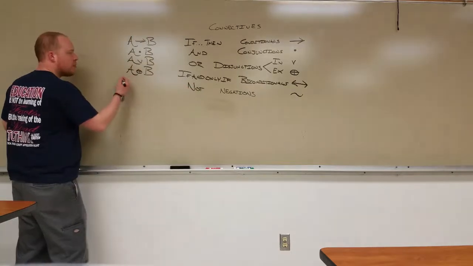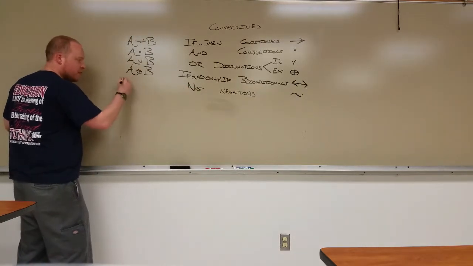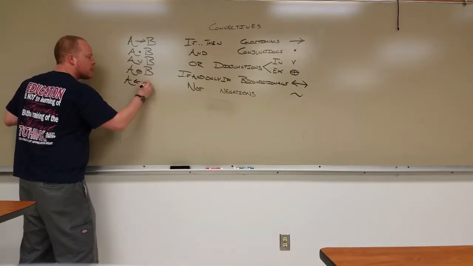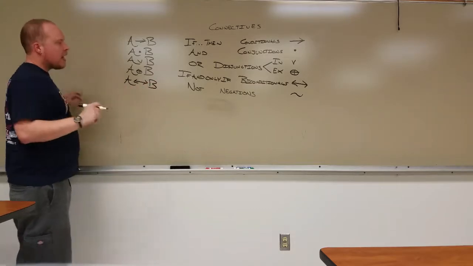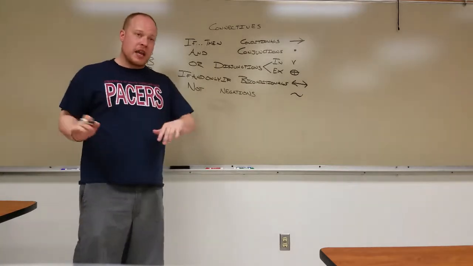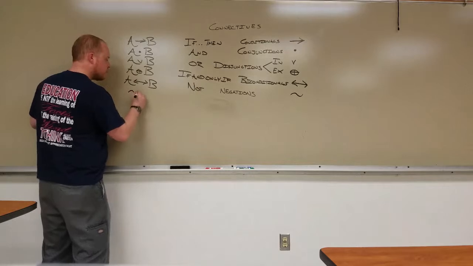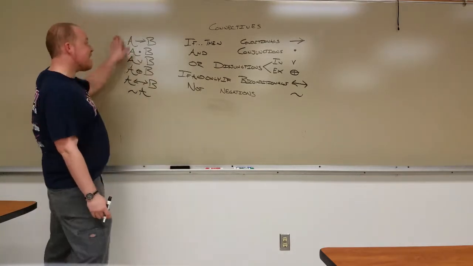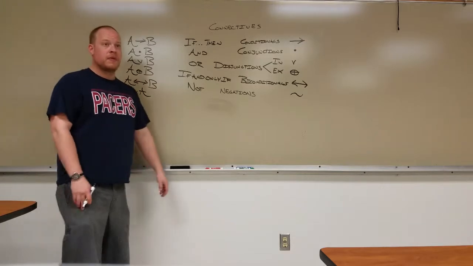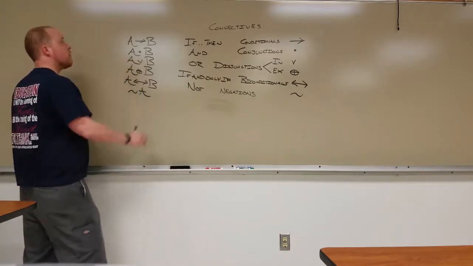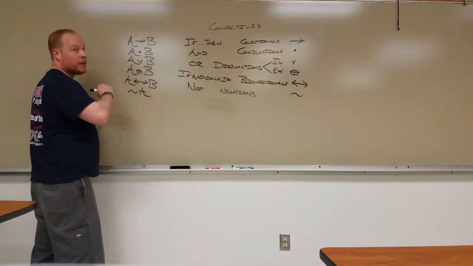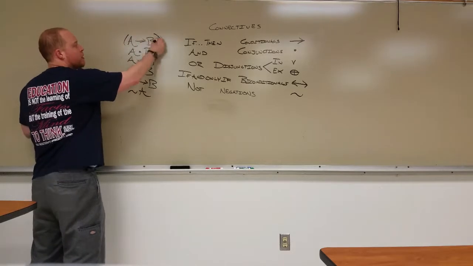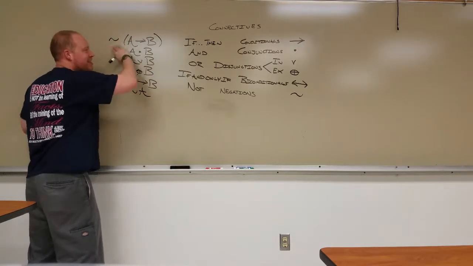So putting the biconditional up here, if I want to say A if and only if B, that would look like this. And if I wanted to say something like not A, it's A with a not in front of it. And I could also negate any of these kinds of statements, but I have to negate the whole thing. So if I want to say not A arrow B, what would happen is I put parentheses around this and say not that.